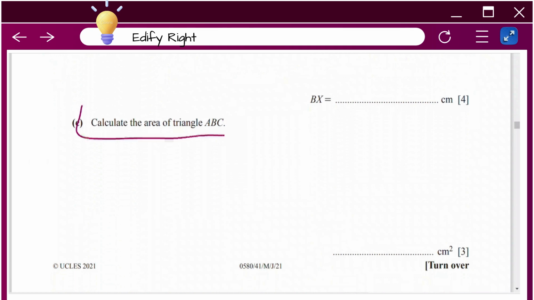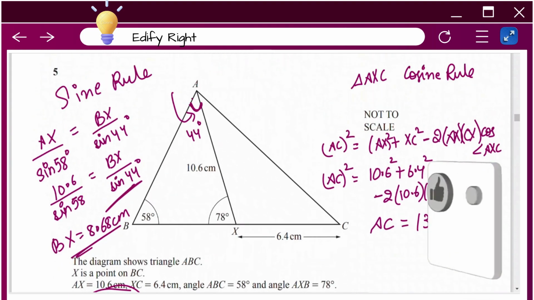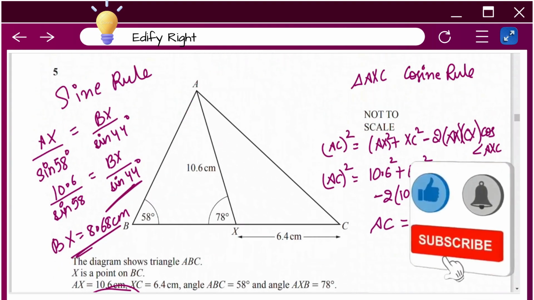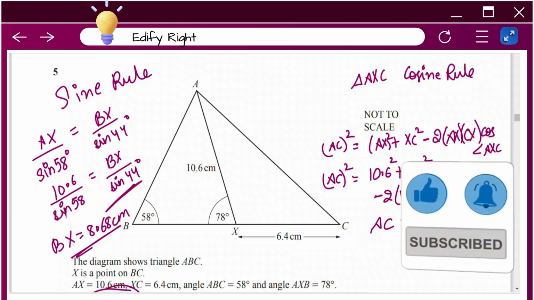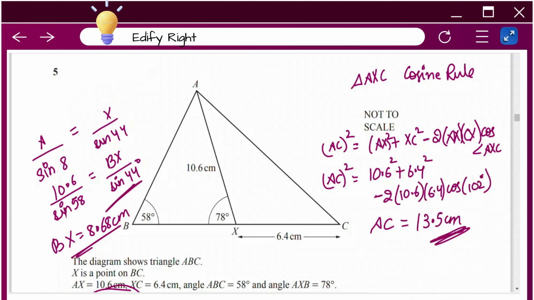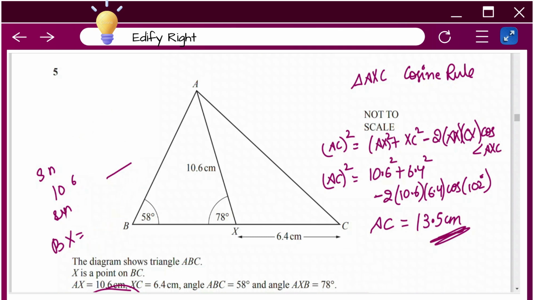Next we have: calculate the area of triangle ABC. So this is pretty simple. You have this triangle ABC and you're supposed to calculate its area. Obviously we can't use the basic formula, which is half base into height, because we do not have the height. So we have to use the trigonometric way of finding the area of this triangle, which is half ab sine C, or you can say half into side into side into the sine of the angle between the sides.